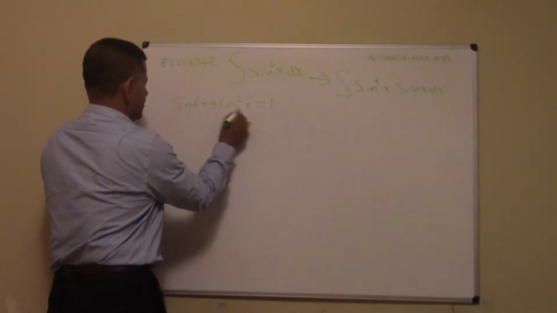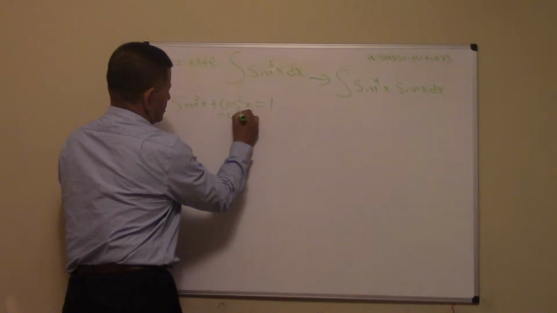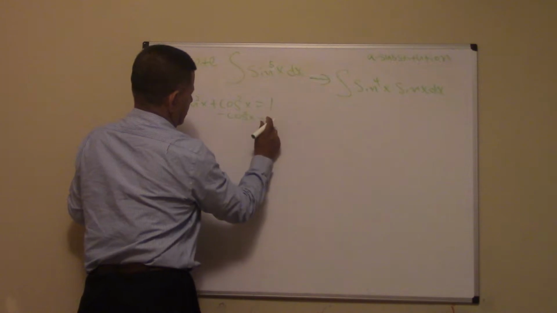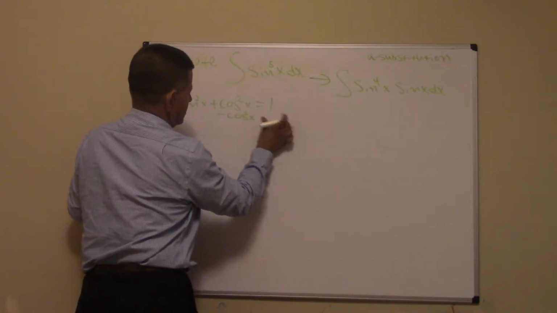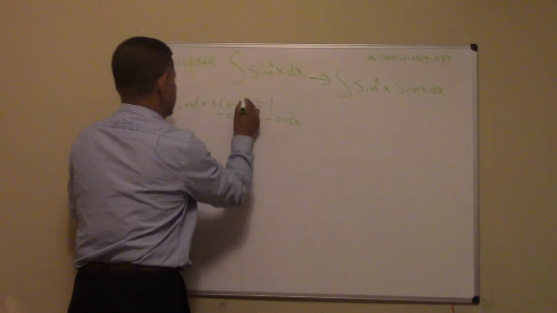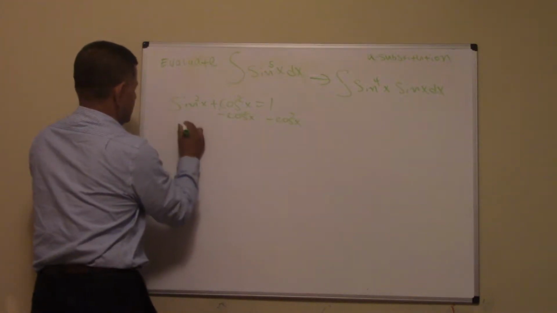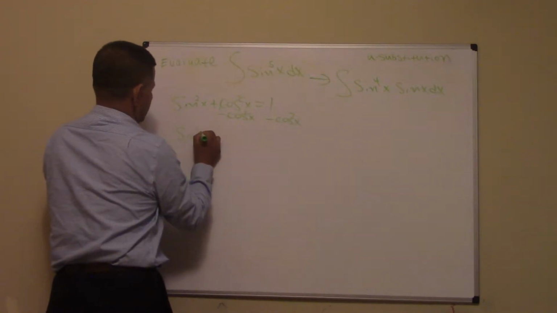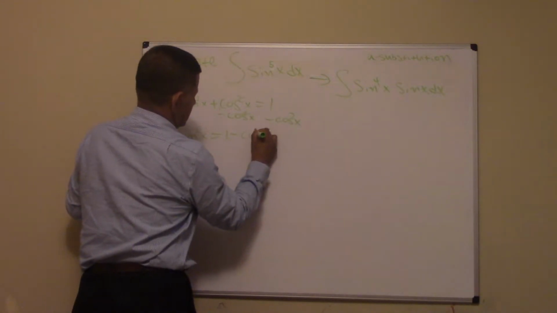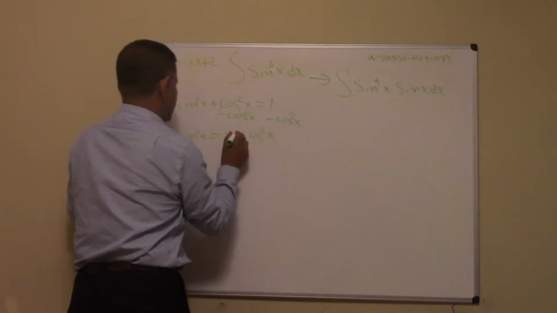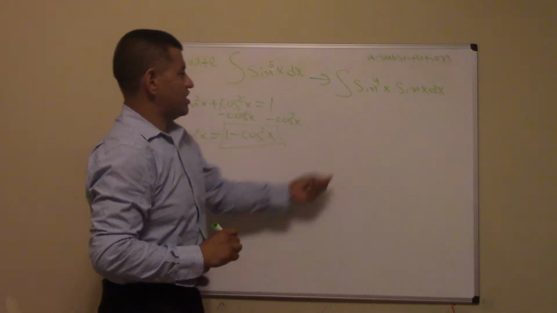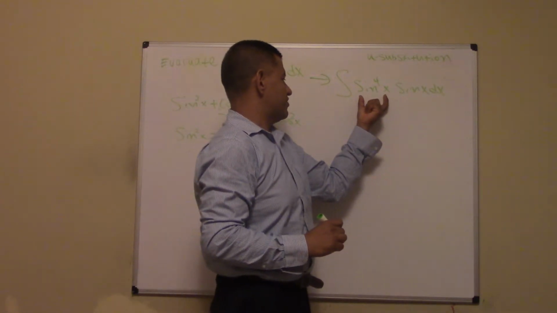So when you solve for sine, you take away cosine square x, and you get sine square x is equal to 1 minus cosine square x, right? So using this identity, we can substitute it in here.